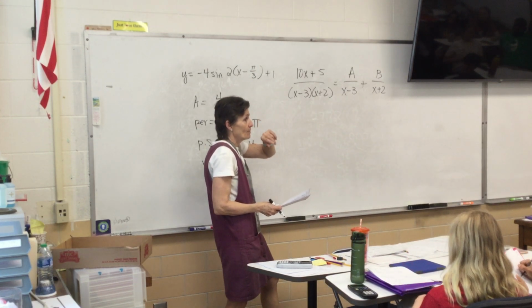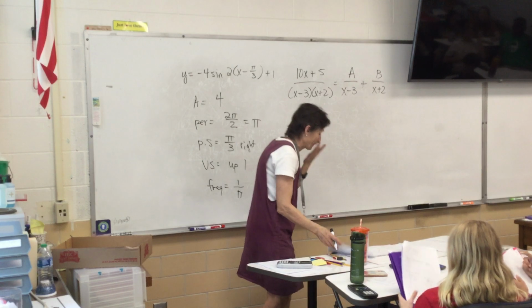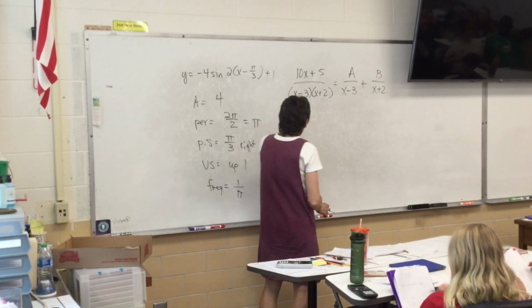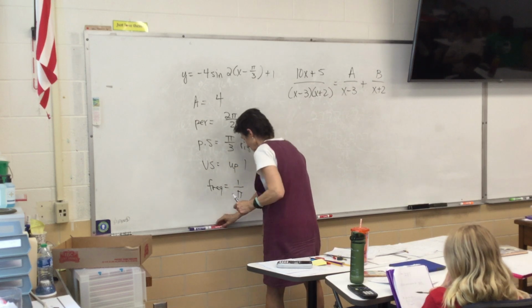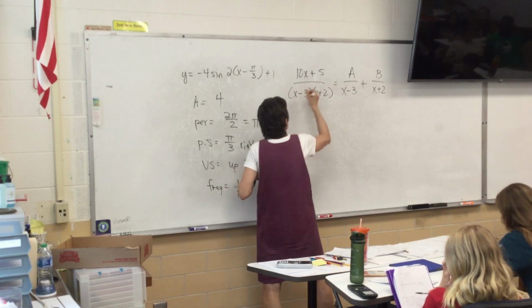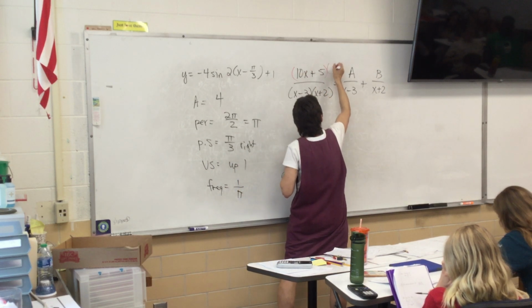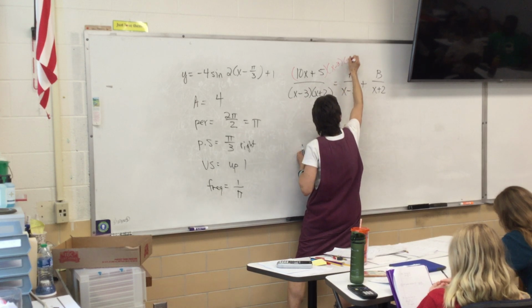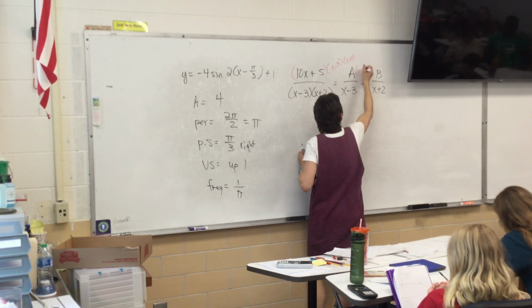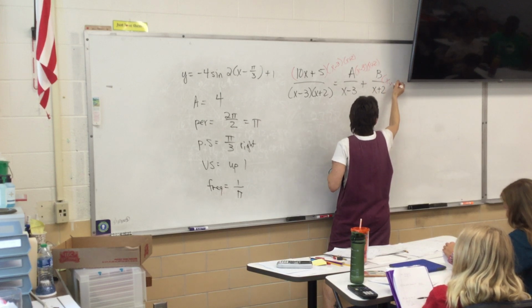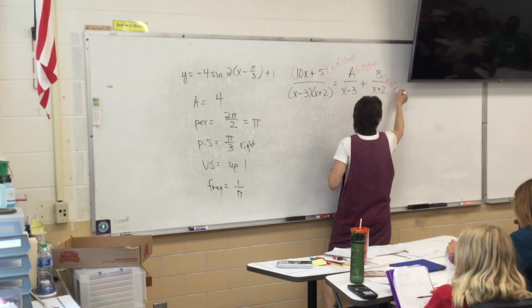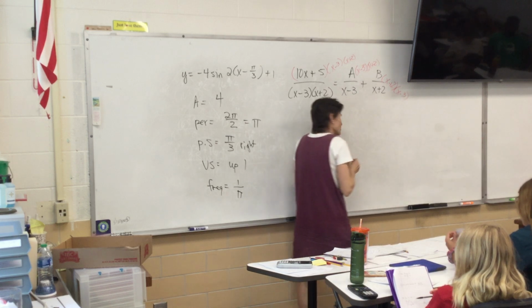Okay? Then what, sir? So then you would do A(x plus 2) plus B(x minus 3) equals 10x plus 5. Yeah. So I'm just showing the work for that, which some of you do in your head and it's fine.